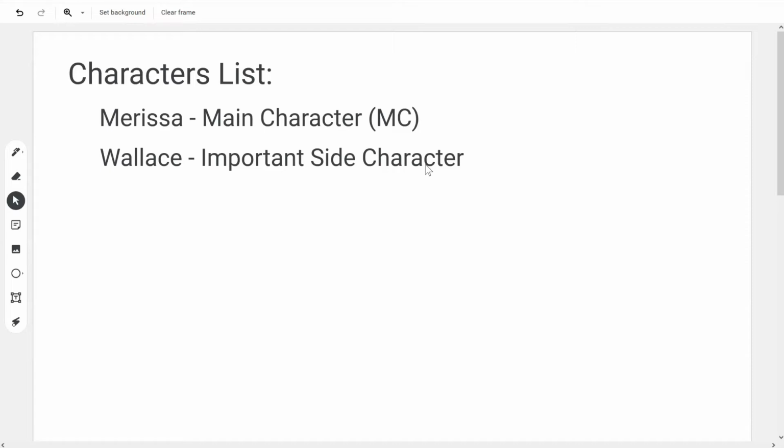He is important because he is going to be that character who is kind of influencing Marissa throughout this short story. Next, I did list the grandparent, only one. I haven't decided grandmother or grandfather, but they play a role since Marissa does live with them.